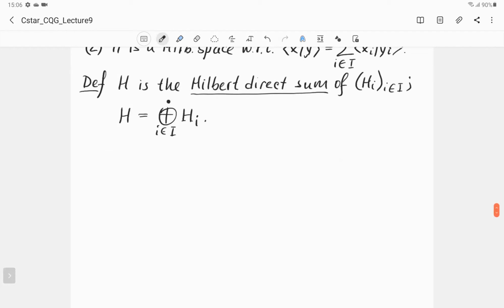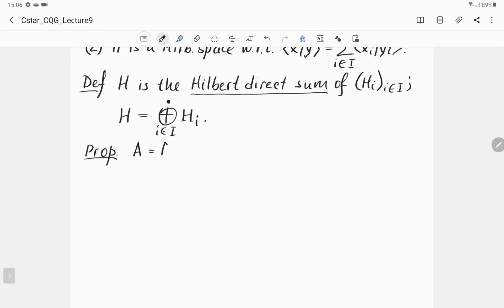Let's now suppose that all these spaces Hi are star modules over the same Banach star algebra. In this case, we have the following simple result. Proposition.